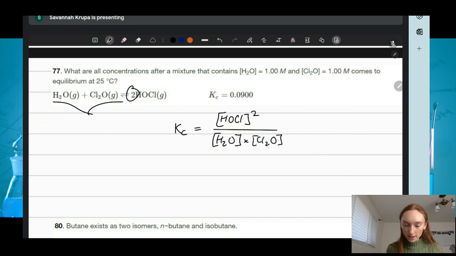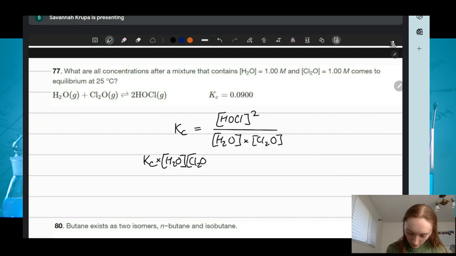And so before we plug any of these values in, we need to solve for the concentration of the product. So let's multiply both sides by this right here. So it'll be equal to Kc times concentration of H2O times the concentration of Cl2O.